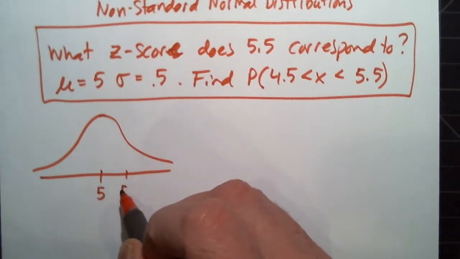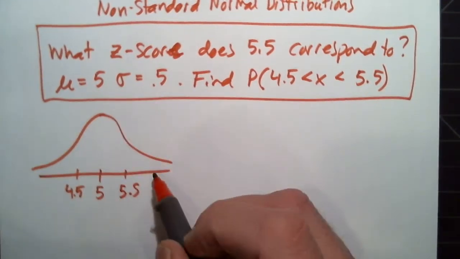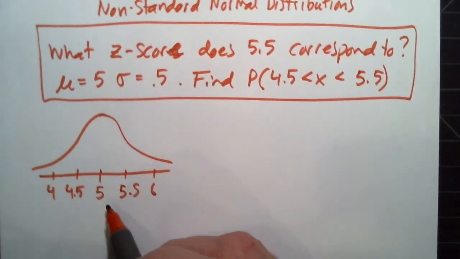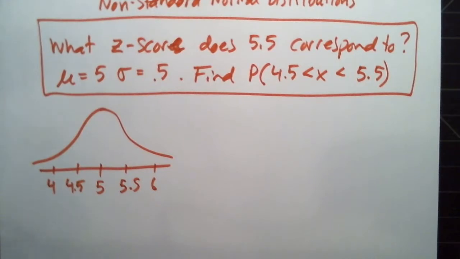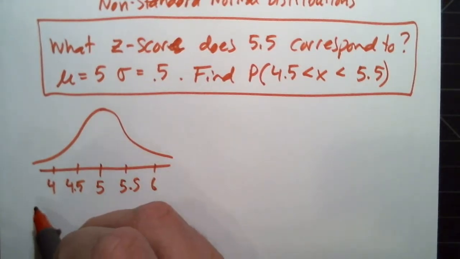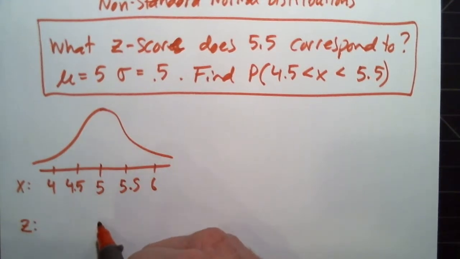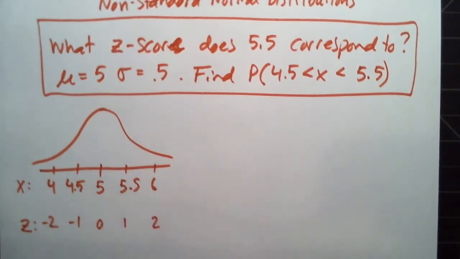So we go up 0.5, we go down 0.5, we can go up 0.5 again, that would be a 6, and that would be a 4. We're moving by standard deviations of 0.5. We know that these are x values, so the z values, this would be z is 0, z is 1, z is 2, -1 and -2.